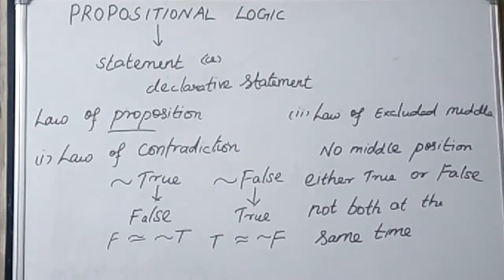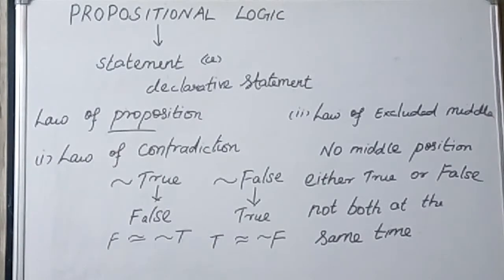The first one is the law of contradiction. What is the law of contradiction? If a value is not true, then automatically it is false. We know this very well. Here the tilde sign is the not sign.